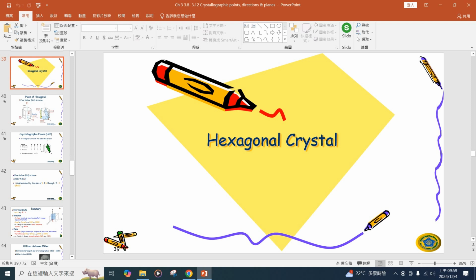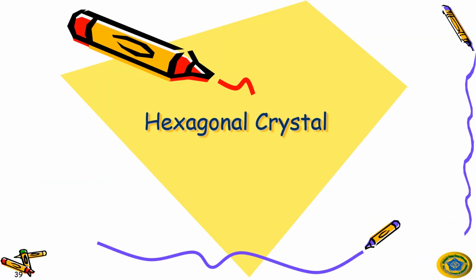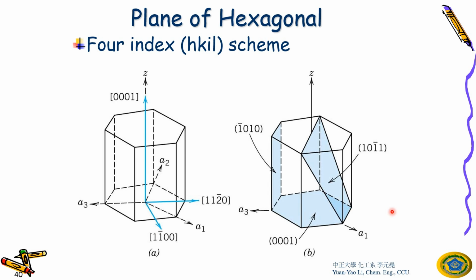Let me show you. Please work with me. Give me another 2 minutes to finish this. Hexagonal crystal structure. This is for direction. This is for plane. And of course, you understand that there are 4 indexes in the scheme, HKIL.